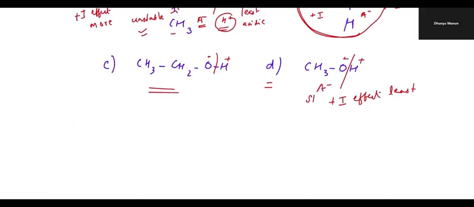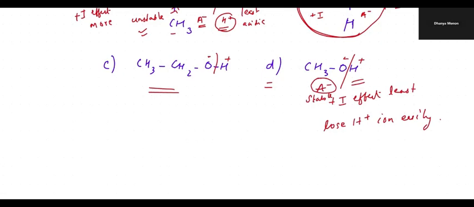If this is more stable, that means H plus ion is lost readily. So D will lose H plus ion easily. Why? Because this A minus ion is stable. Okay.